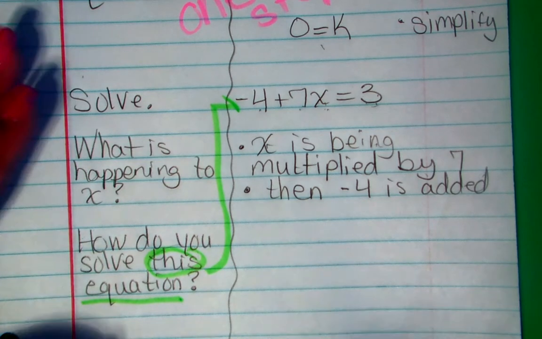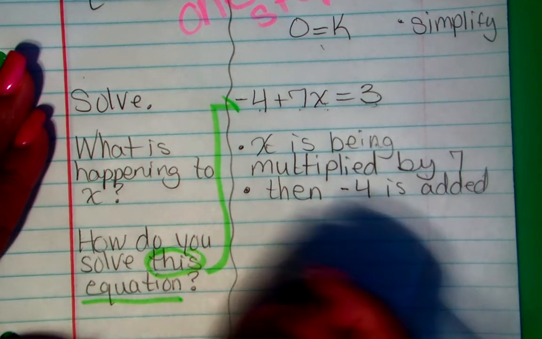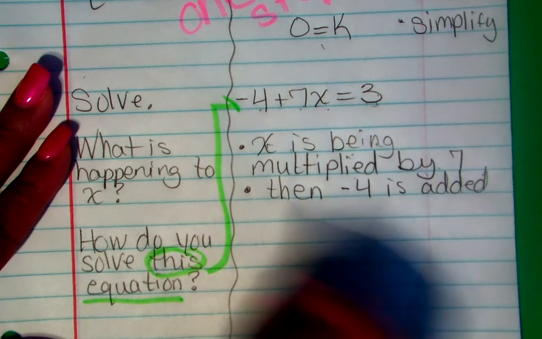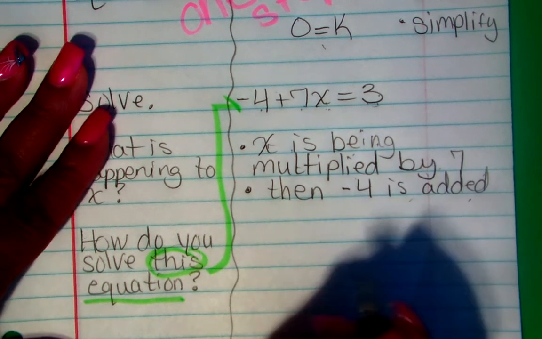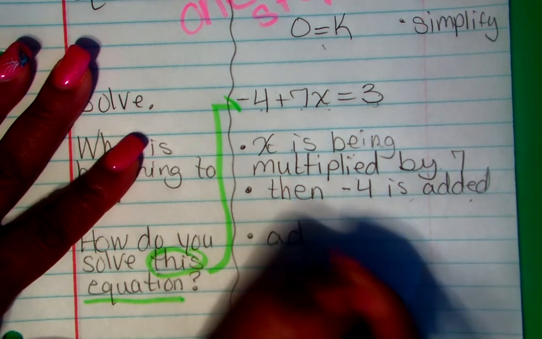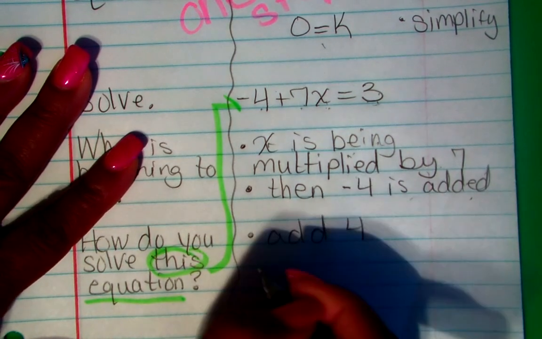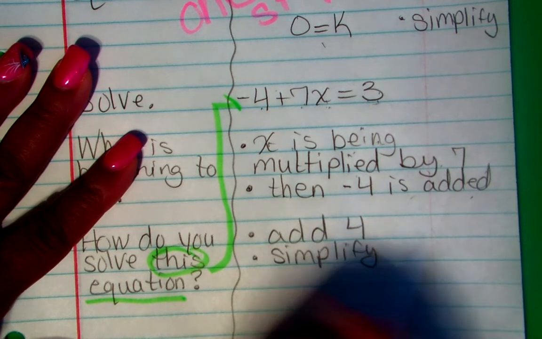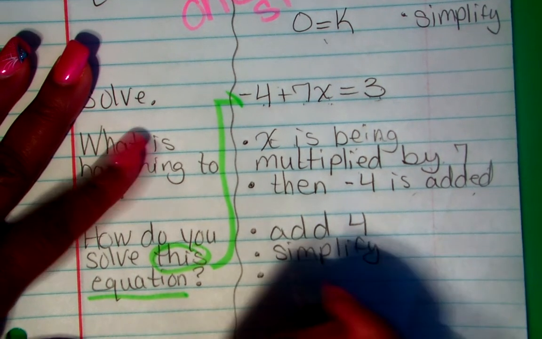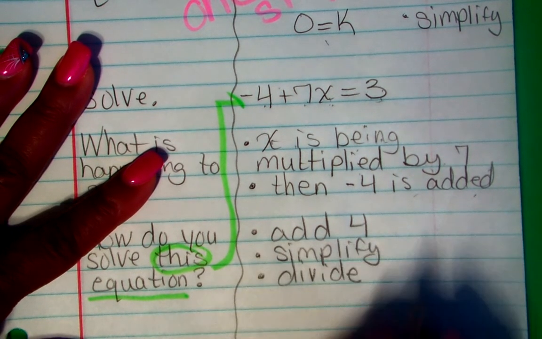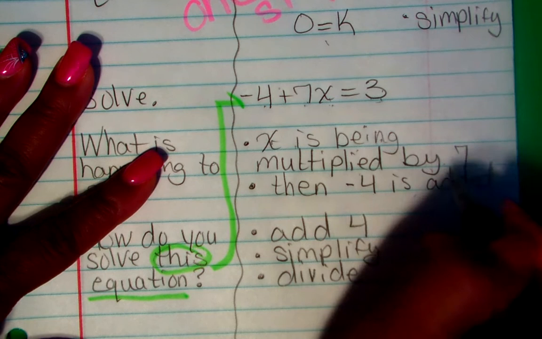So here we go. How do you solve it? If x is being multiplied by 7, then -4 is added. So how do I solve it? I will add 4. You will simplify. Then you would divide, because notice I'm doing the inverse operations. I would divide by what? 7.